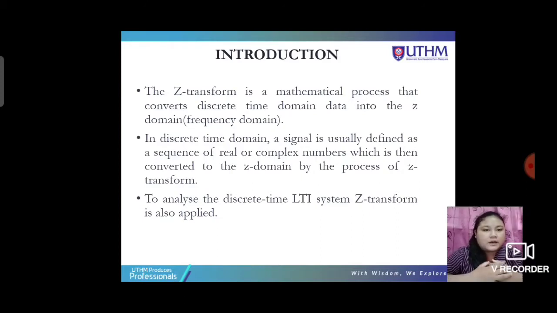Z transform is a mathematical process that converts the discrete time domain into the Z domain, which we also call the frequency domain. In the discrete time domain, a signal is usually defined as a sequence of real or complex numbers, which is then converted to the Z domain by the process of Z transform.